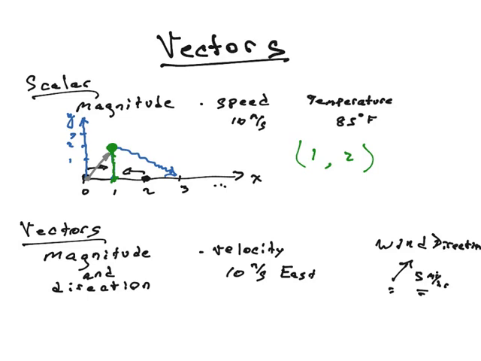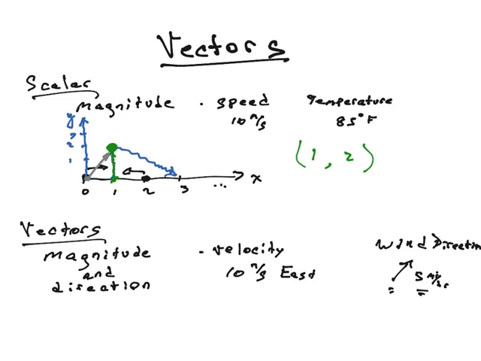So this is nice. All of a sudden, there's this abstract idea of a vector that allows us to think about multiple pieces of information as one single object that could be manipulated. This allows us to manipulate two things at once, basically.